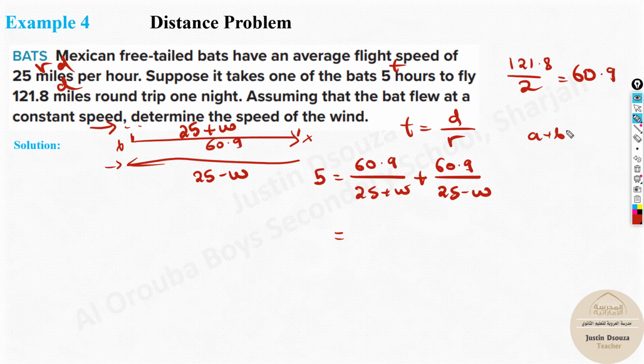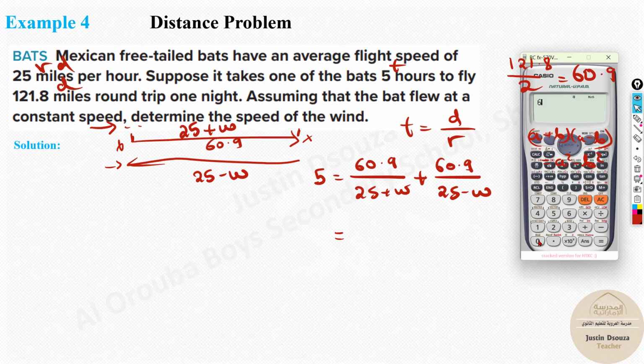Now here we can use the (A plus B)(A minus B) formula, that is A squared minus B squared. So what's going to happen? You have to multiply 60.9 times 25. I'll just use the calculator.